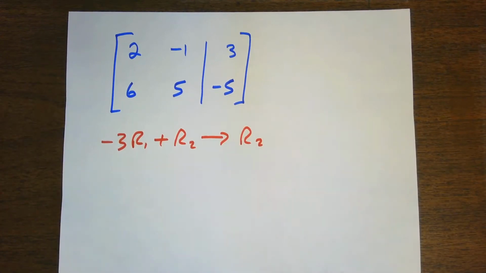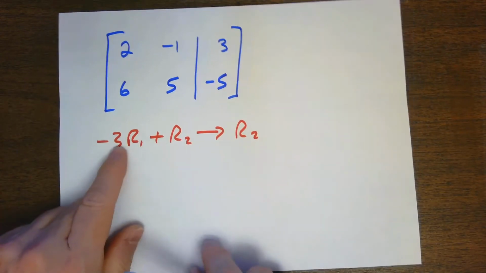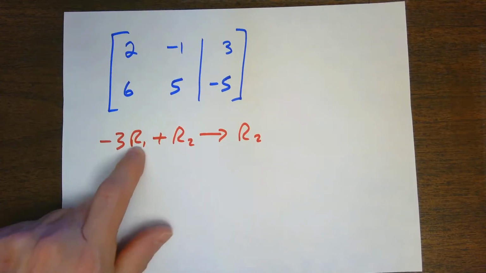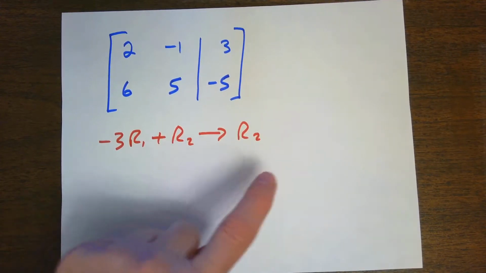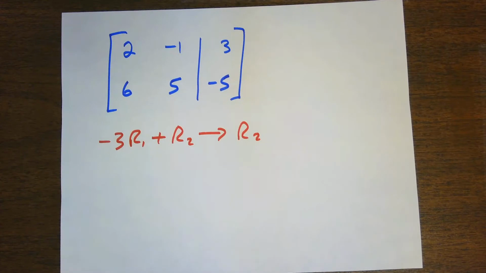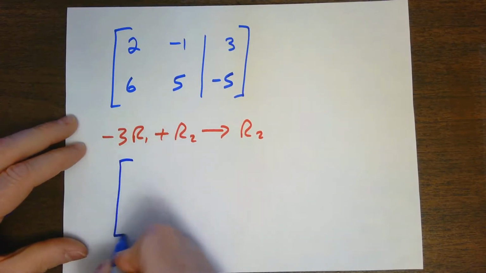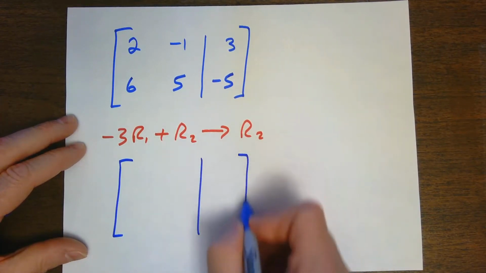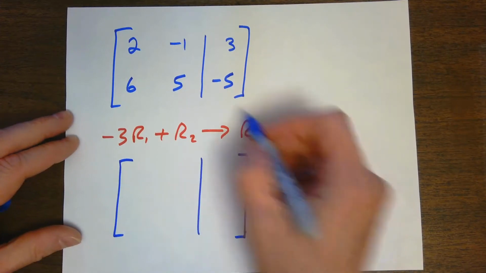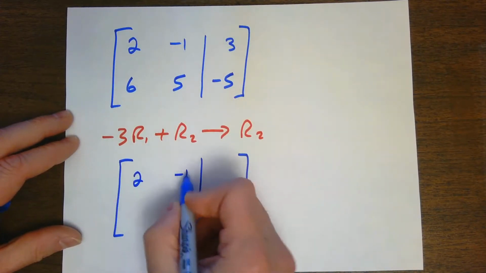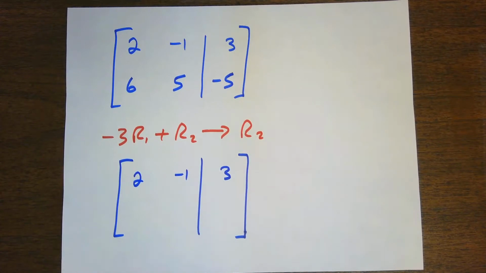So I'm saying it in English and I'm writing it in math. Negative 3 times what's in row 1, add that to what's in row 2 and put it in for row 2. Remember, every time we do one of these things, we're only changing one row at a time. I'm only changing row 2. Row 1 is going to stay the same. 2, negative 1, and 3. All right, here we go.